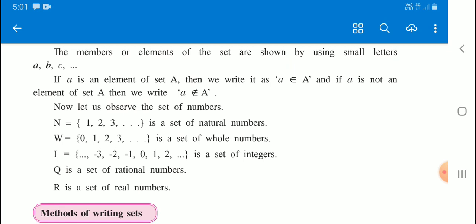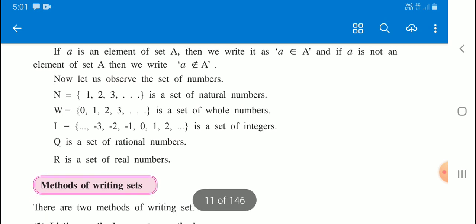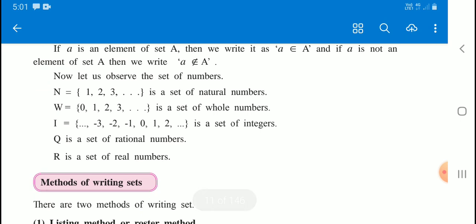Integers are nothing but 0, all positive numbers, and negative numbers. So we denote the set of integers by dot dot dot, -3, -2, -1, 0, +1, +2, +3, and so on. Next is the set of rational numbers.